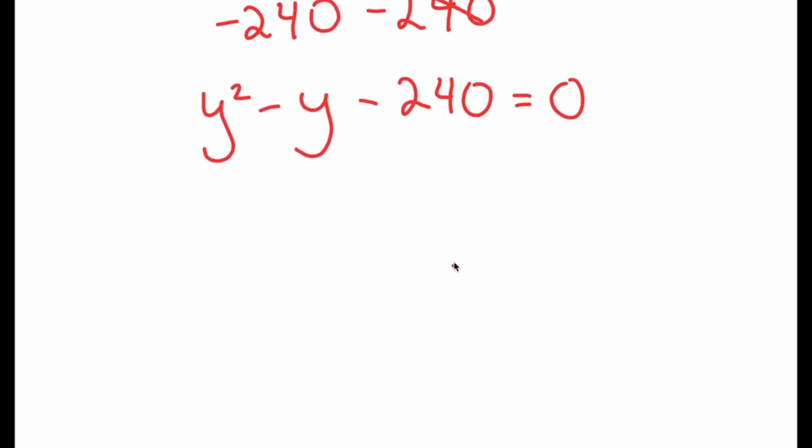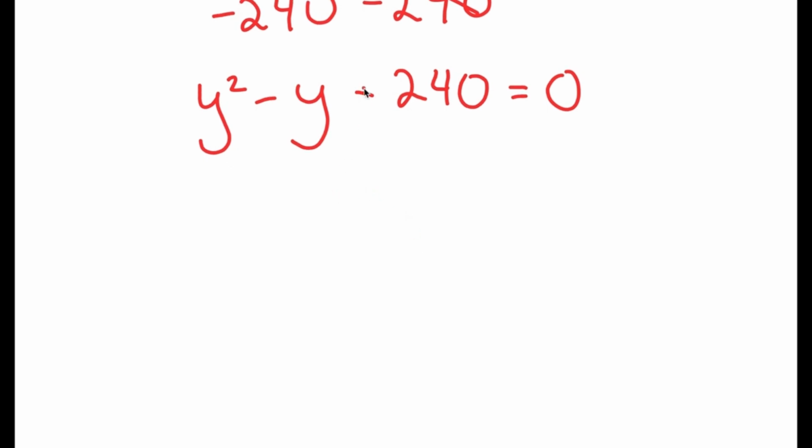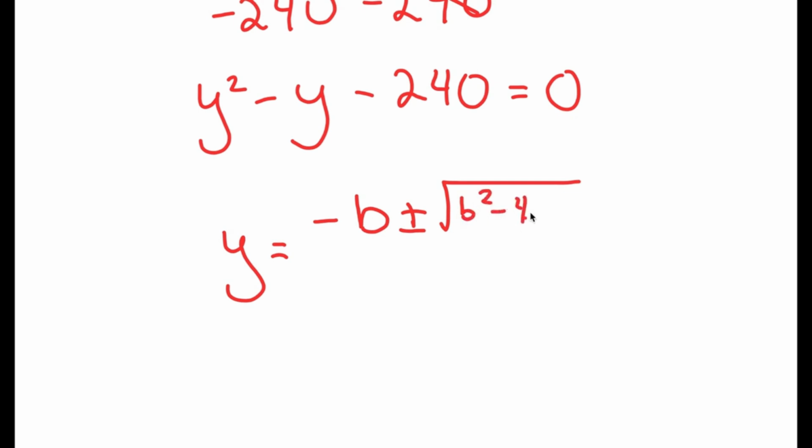So what I have here is a quadratic equation. And to find the solutions of this quadratic equation, I can use the quadratic formula. So if you guys didn't already know, the quadratic formula is negative b plus or minus the square root of b squared minus 4ac all over 2a.